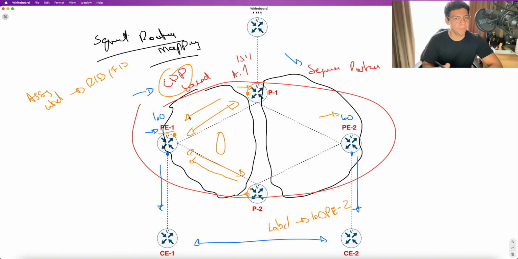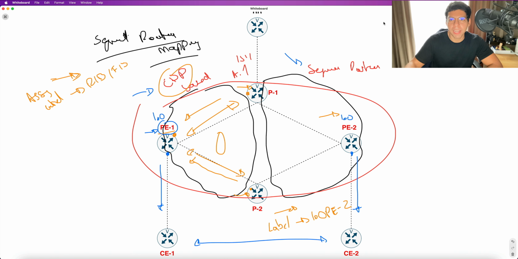Both of them know the loopback of PE2 by the RIB and FIB. LDP assigns a label to all the prefixes in the RIB and FIB.